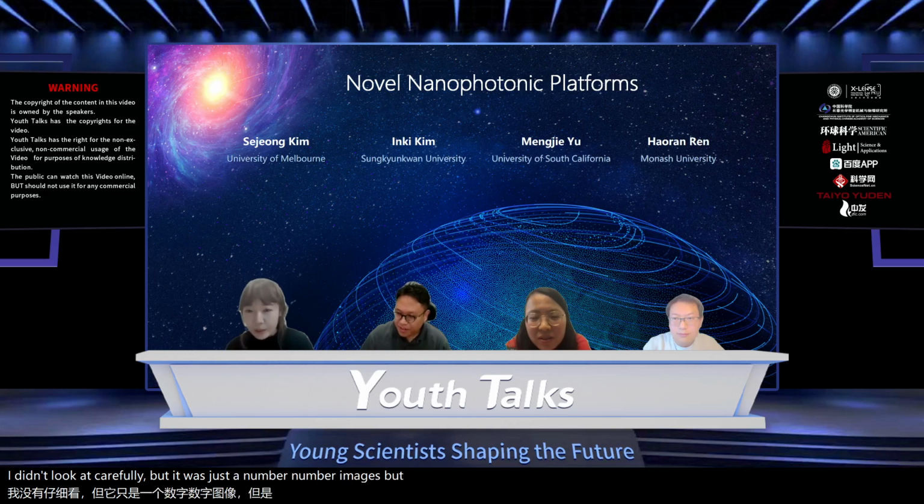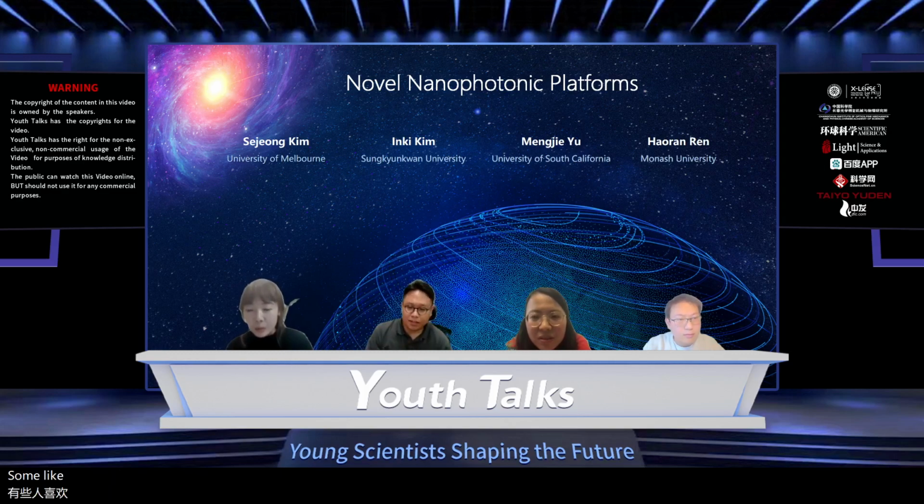But I think it is made of some polymer, like a diffractive optical element, I guess. So you can make some polymer pattern inside the film. Then you can generate a holographic pattern, I guess.